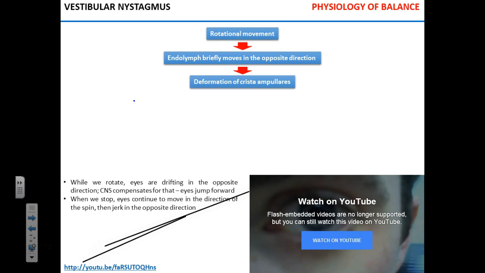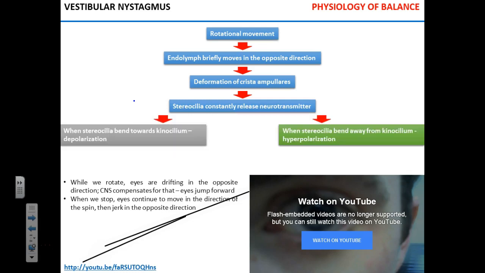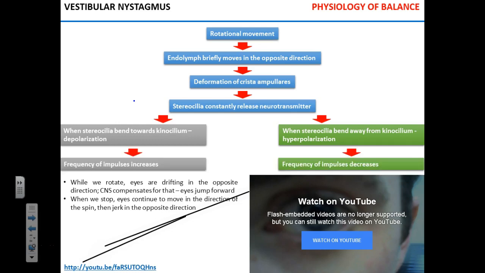Okay, so I rotate this way, endolymph goes this way, they deform. The deformation bends stereocilia. Okay, stereocilia bend towards the kinocilium, depolarization. If they bend away from the kinocilium, hyperpolarization. Does that make sense? Frequency of impulses changes. That's perceived as a signal.